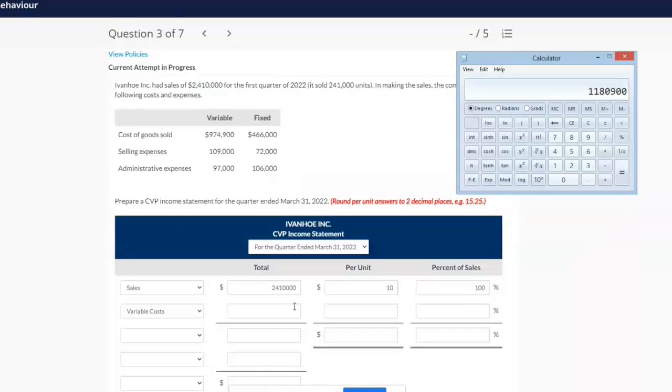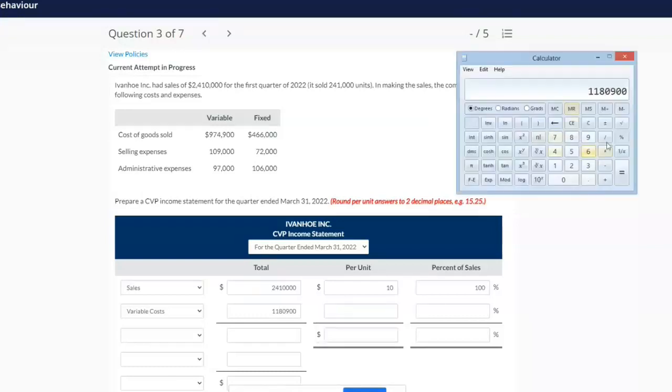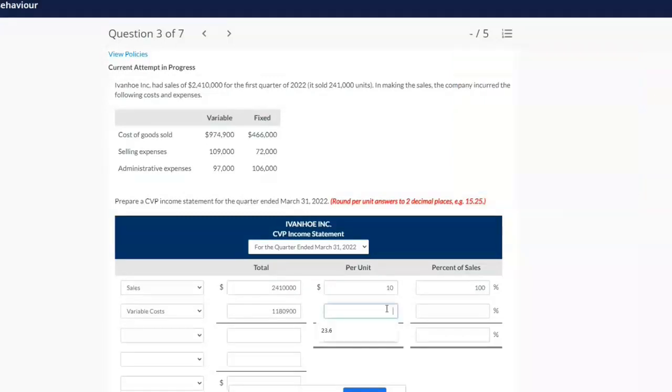Divide that by the number of units, 241,000, and you get the unit variable cost, which is 4.9.